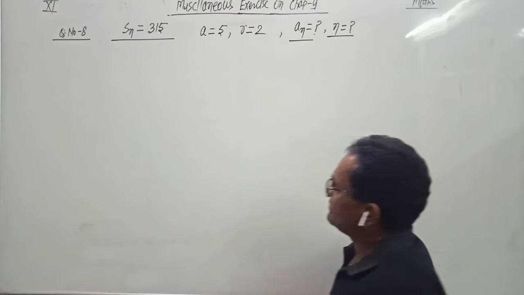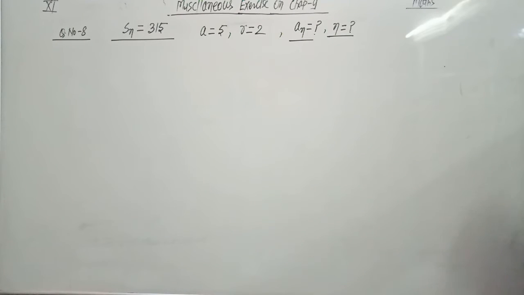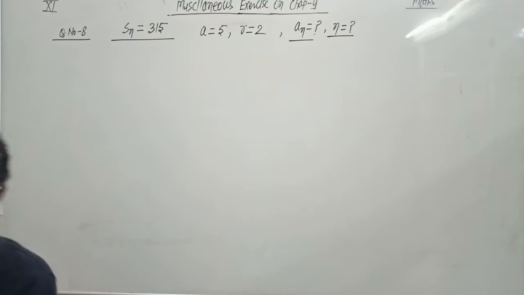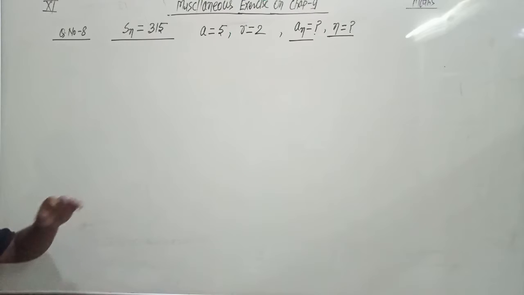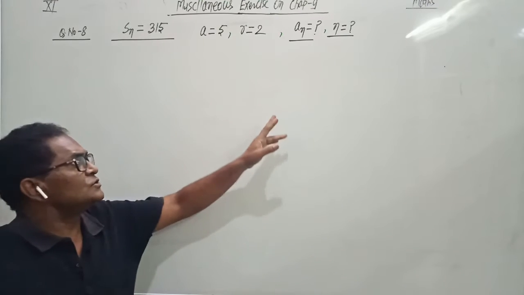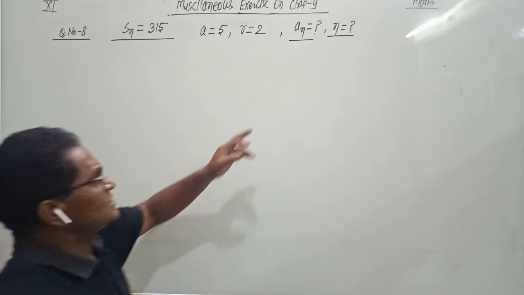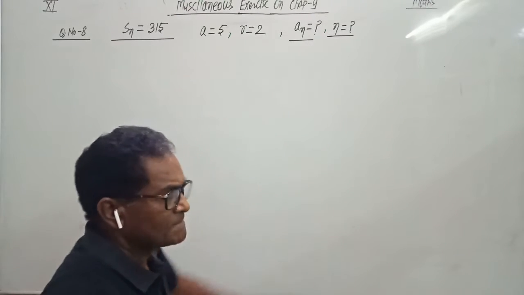So in this question we are given that the sum to n terms of a GP is 315, the first term is 5, the common ratio is 2, and we have to calculate n and the last term. The last term is the nth term, an.